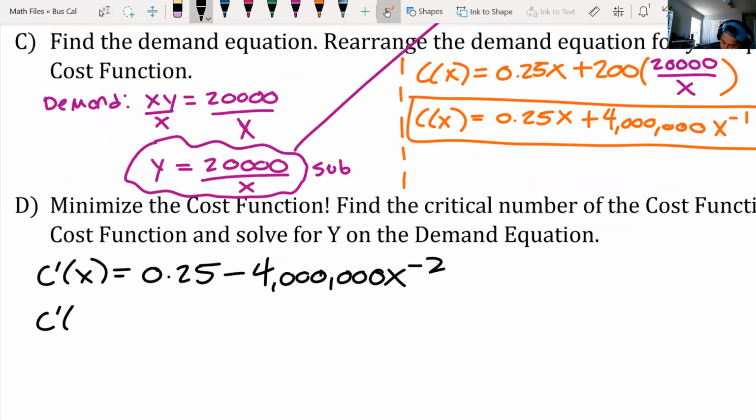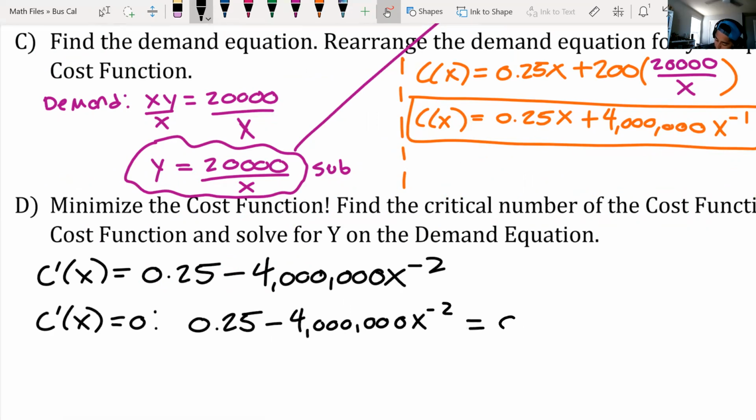Now set your derivative equal to 0, and you get 0.25 minus 4 million x to the negative 2 equal to 0.